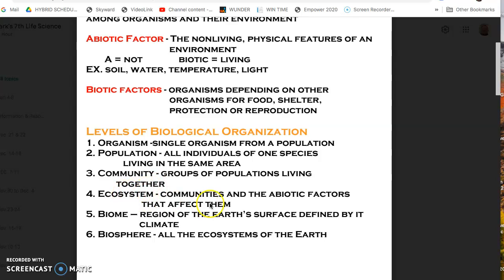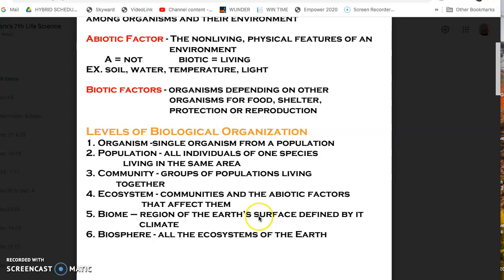The ecosystem is the community, all those organisms plus the abiotic factors, the non-living things. So the snow, the wind, the temperature, those things of that nature if you're talking for a pheasant.